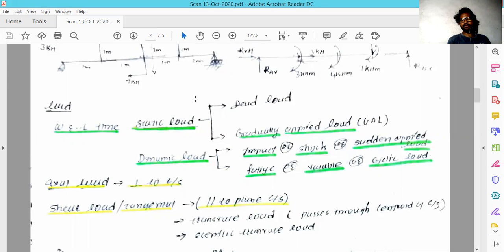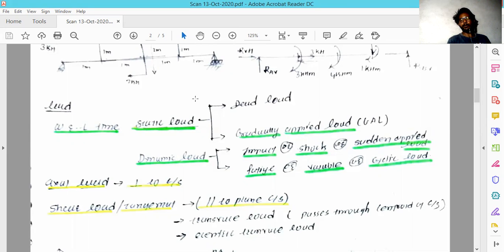It is not going to move, and it does not vary with respect to time. Once any structure is formed and you apply the load on that structure, it will be the same throughout its lifespan. So this kind of load is called the dead load.